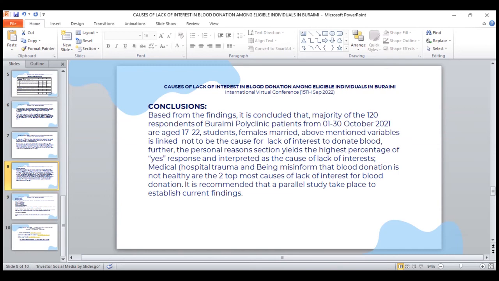Having said that, we recommend a further study within other governorates, provinces, and regions of Oman, with a parallel study to come out with a more concrete recommendation. As of this moment, this is the recommendation of the study.